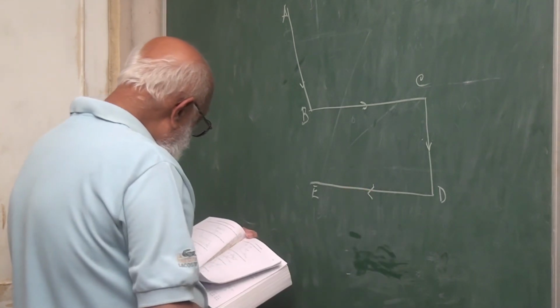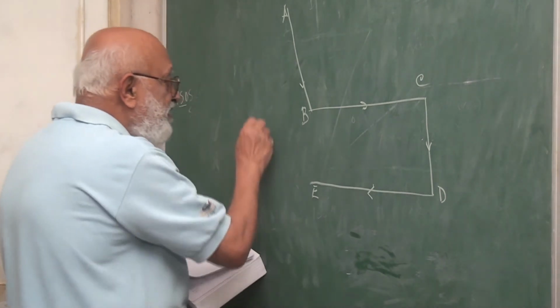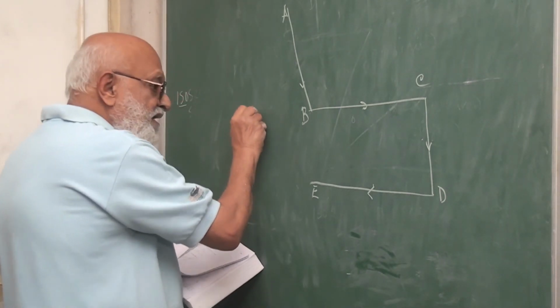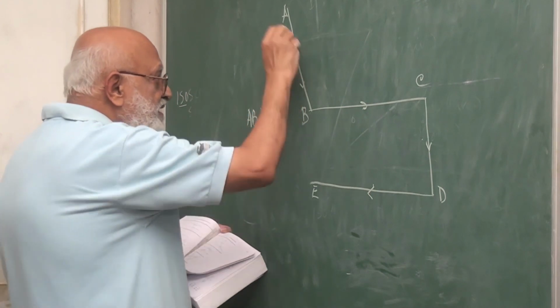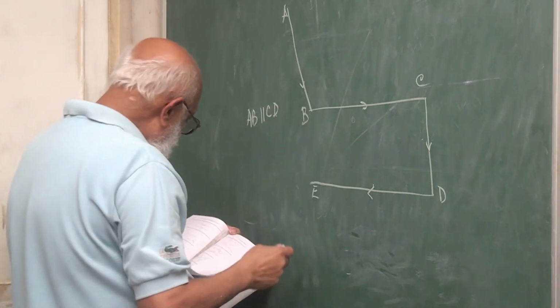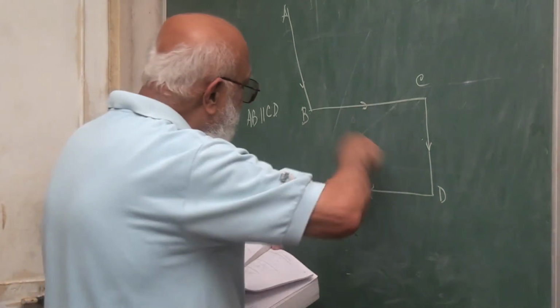What else is said? AB is parallel to CD. In the drawing it doesn't look like it, but okay, fine. We should have drawn it a little bit parallel to this.